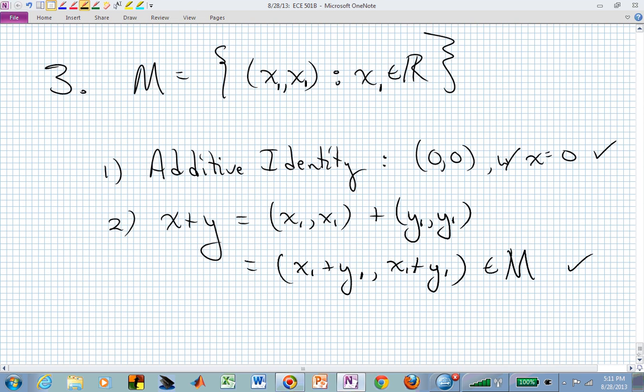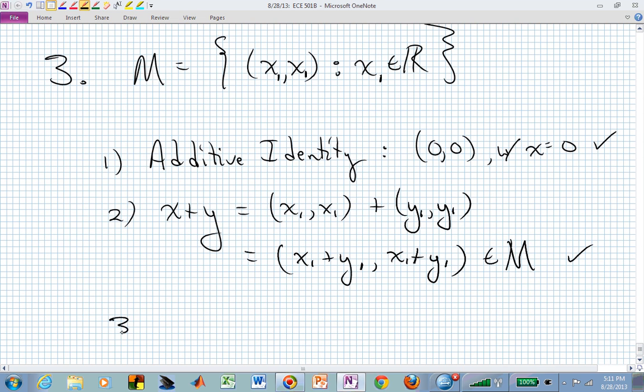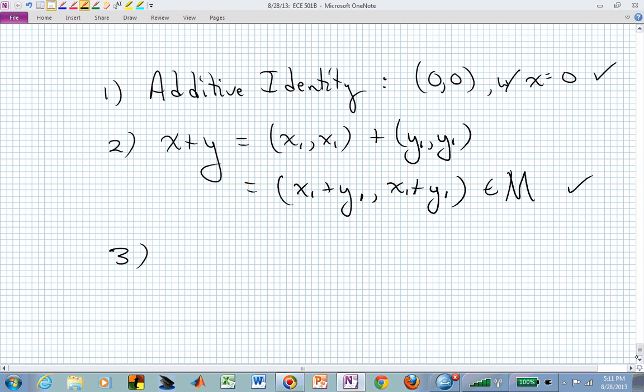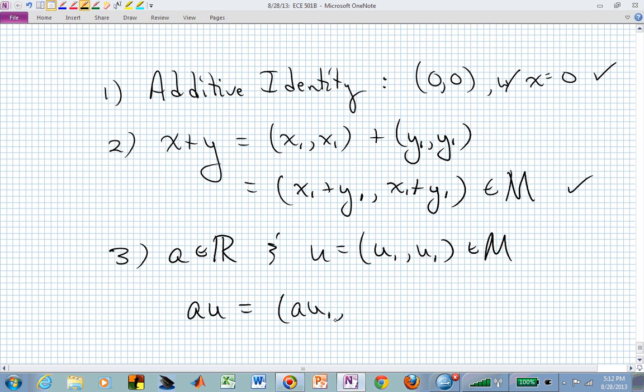So that one works. What about closed under scalar multiplication? A needs to be an element of R, and u, let's say, is this u1, which is an element of M. Then au is also in M, and so we've now verified that those three properties are true.